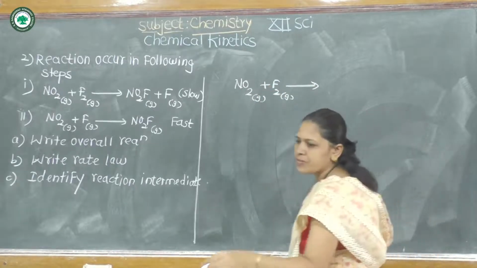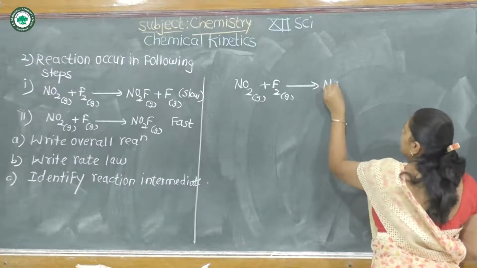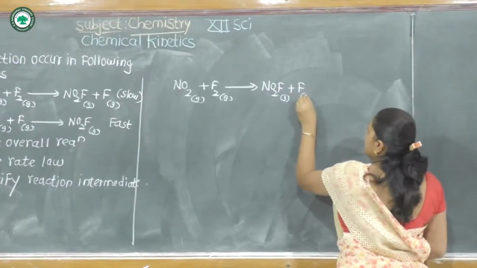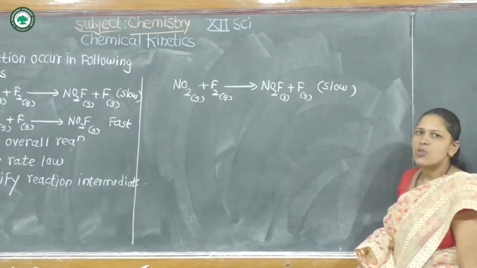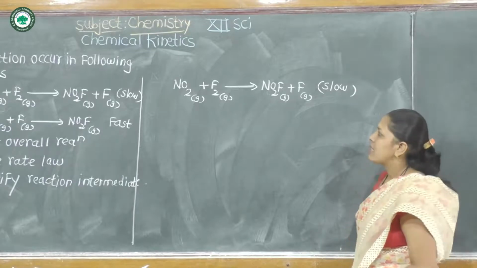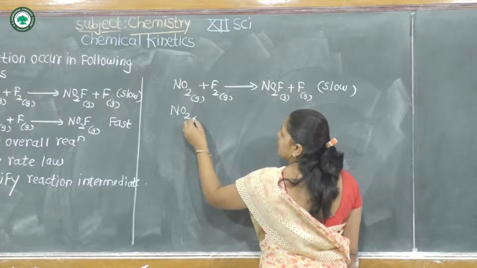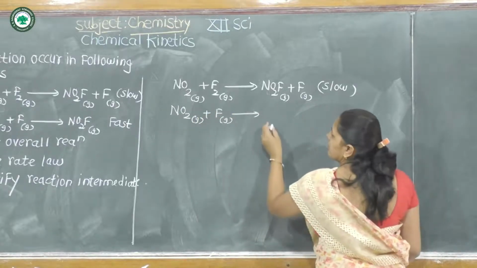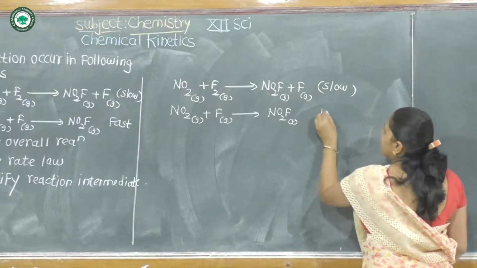First is the slow step, and we know that from the slow step we can determine the rate determining step. Second is the fast step.